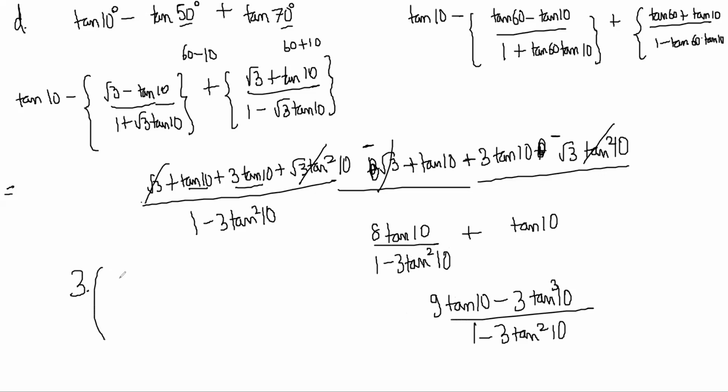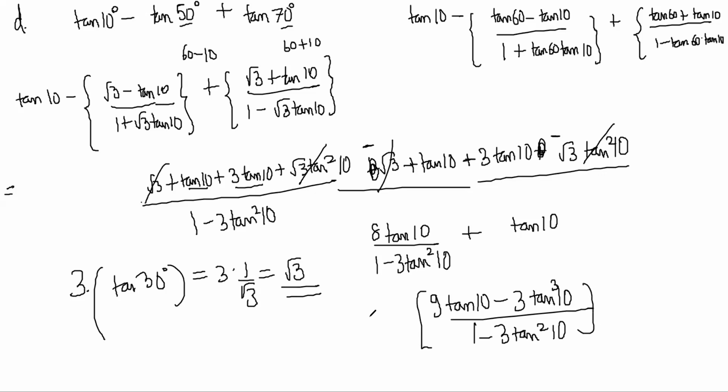It becomes 3 times 3 tan 10 minus tan cube 10 by 1 minus 3 tan square 10. This is going to fit in a formula after you take 3 common. 3 tan 10 minus tan cube 10 by 1 minus 3 tan square 10 is equal to tan 3 into 10. So tan 30. So it's just a little bit of simplification, and it comes.